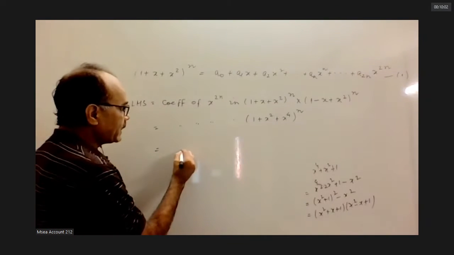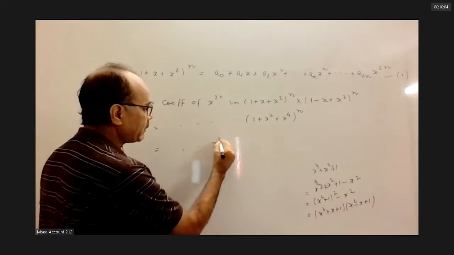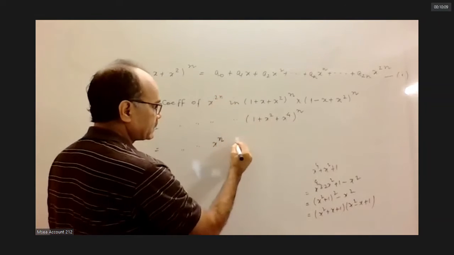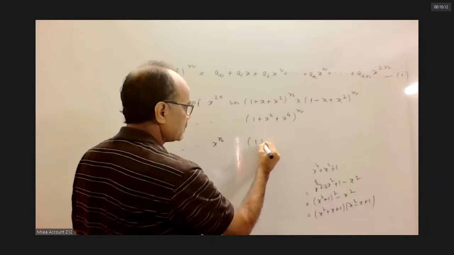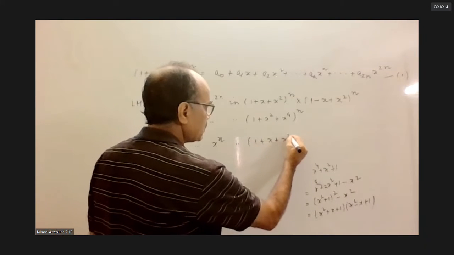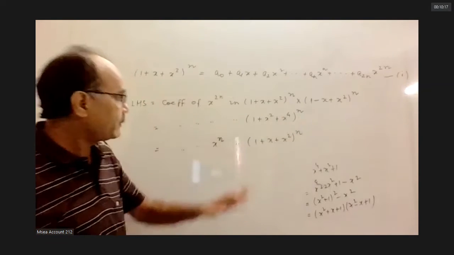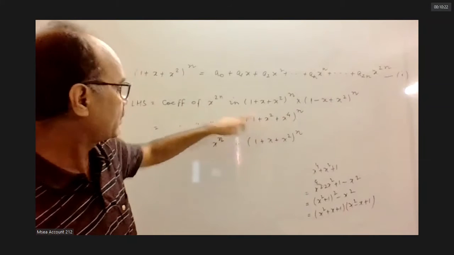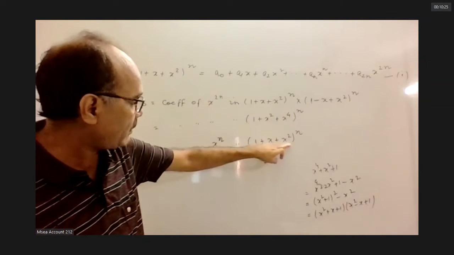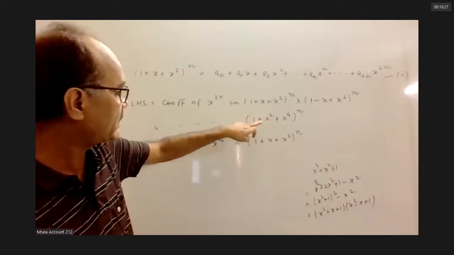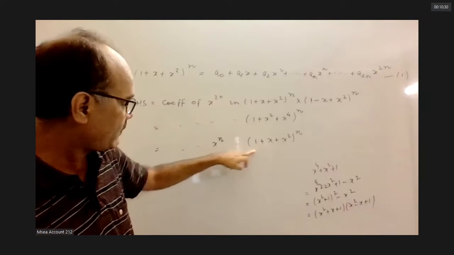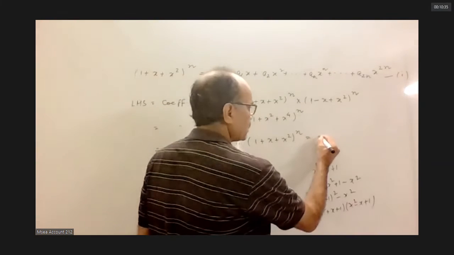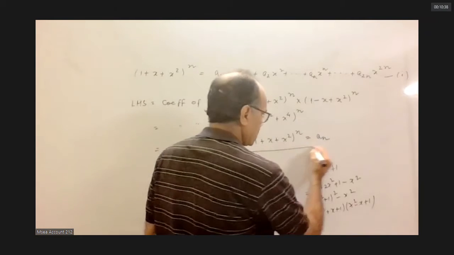Now this is the same as the coefficient of x to the power n. Here 2n, here n. So I am replacing x square by x. Whatever will be the coefficient of x to the power 2n here, the same coefficient will be x to the power n here. It's just replacing x square by x. And this is nothing but an, the given polynomial.